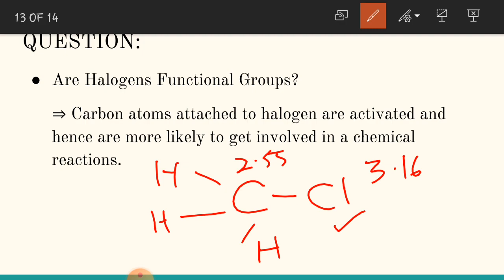Since it is more electronegative, there would be a partial negative charge on the chlorine atom and a partial positive charge on the carbon atom. Because of this, the C-Cl bond gets slightly polar, and because of the introduction of polarity, they become reactive.